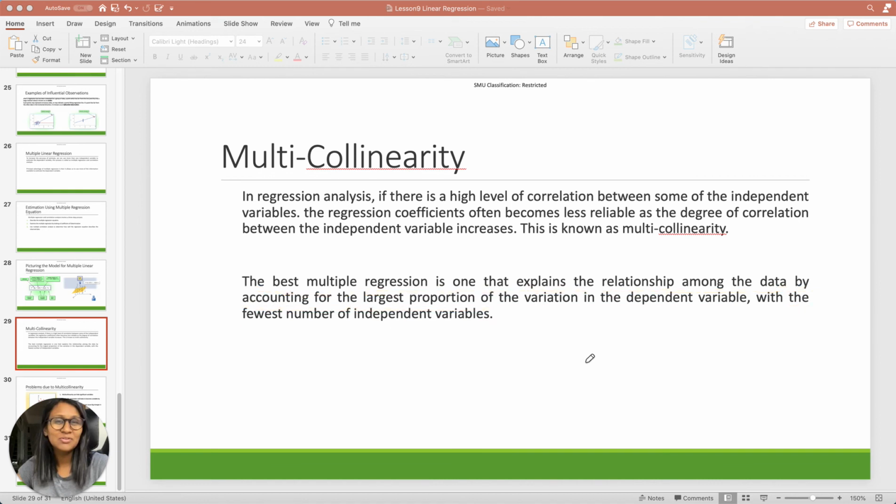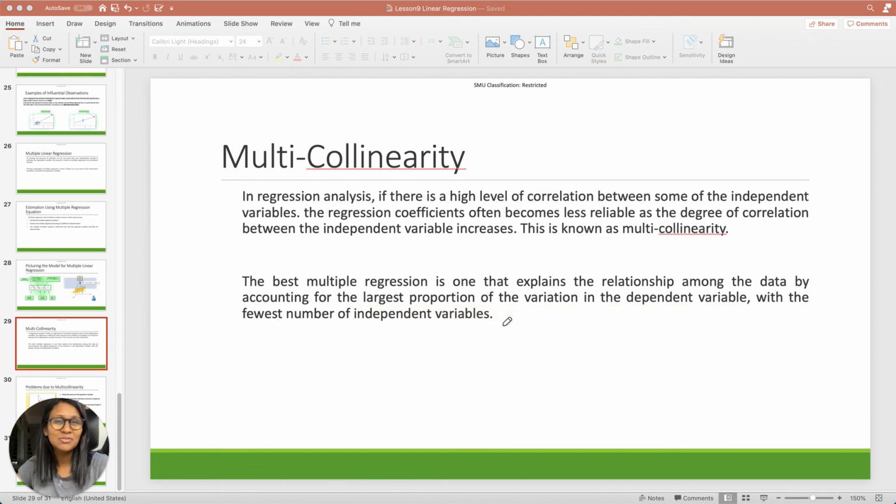This is a very important statement, and it's important that we understand this. So we know that a higher R square model is better. That is the meaning of the largest proportion of variation. We want that to be explained with the data, but we want to use the fewest independent variables.